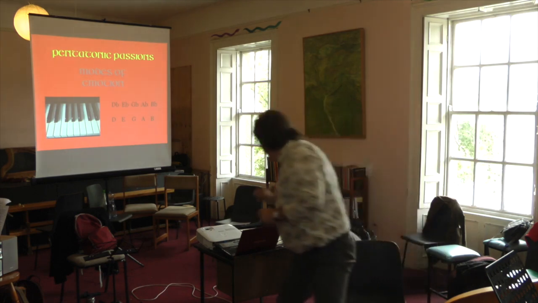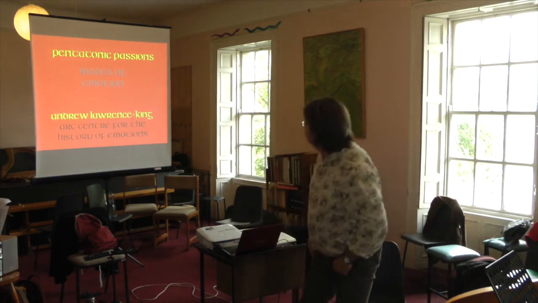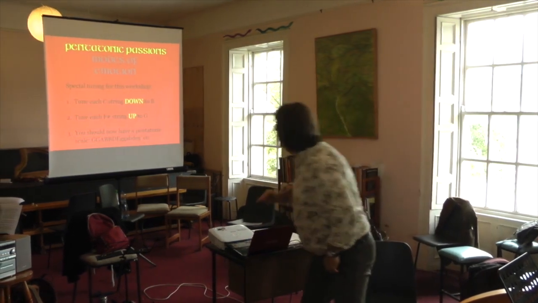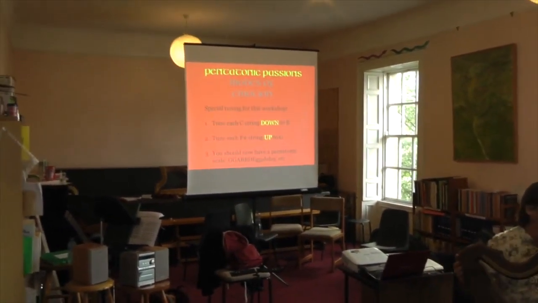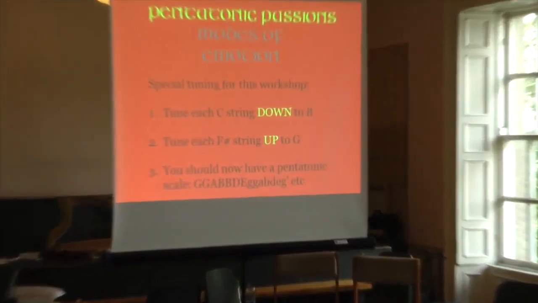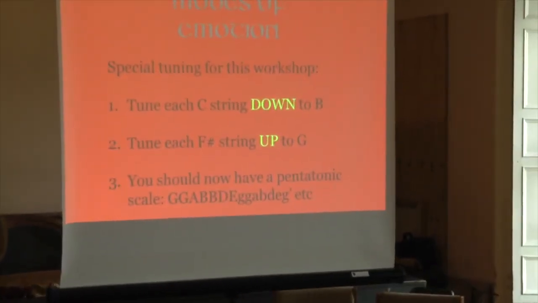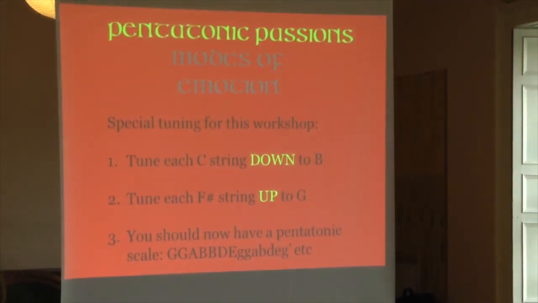So for the new arrivals, get your tuning keys in your hands now. This is the tuning key, and this is the hand. Put one in the other. Find your C string.